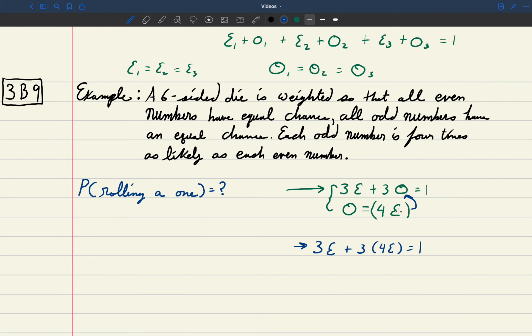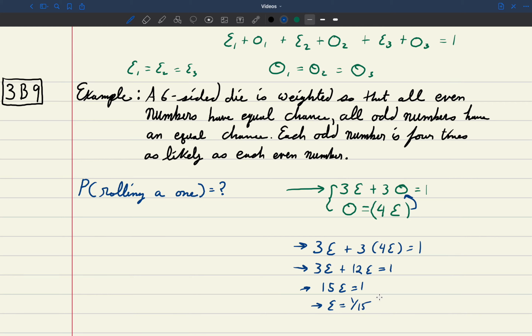I plug that in for the odd, and then I rewrote the first equation. Now I can just use simple elementary algebra to solve the rest. So 3 even plus 3 times 4 is 12, even equals 1. And then 3 and 12 make 15, even equals 1. And so even equals 1/15.